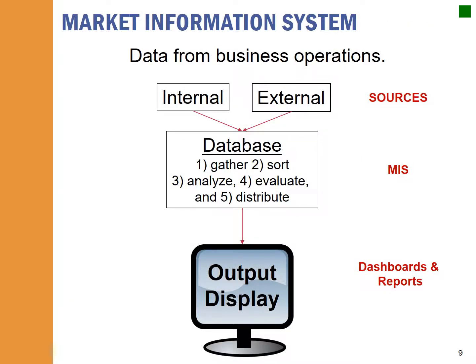Just for a quick visual display, we have data that emanates from either inside the firm or outside the firm. We're going to call those data sources. And then we have our MIS system, and of course this is much more complicated than a simple box, but it does these five elements that we're talking about. And then we output it, and we have dashboards and reports, and we have this display that managers can access, which helps them do their job.